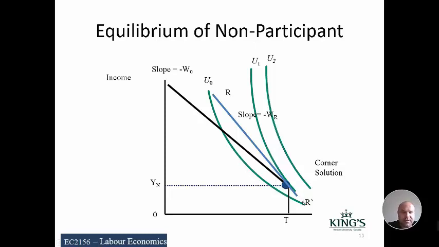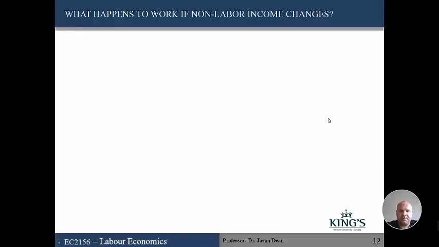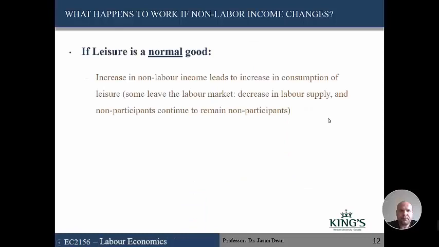And so they're deciding not to work. If, however, the market wage were to increase, and increase greater than the reservation wage, they would decide to work, because their optimum point then would be somewhere to the left of T.